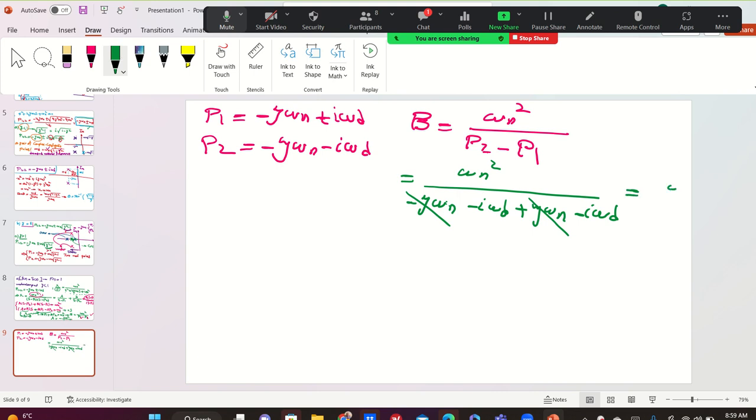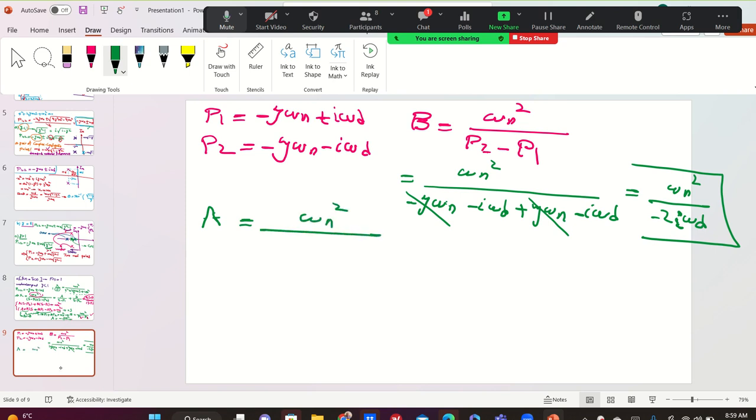So what you get is omega n square over minus 2i omega d. And we know that A equals minus B. So your A becomes omega n square over 2i omega d. Here we go.